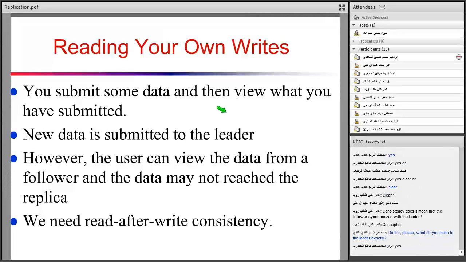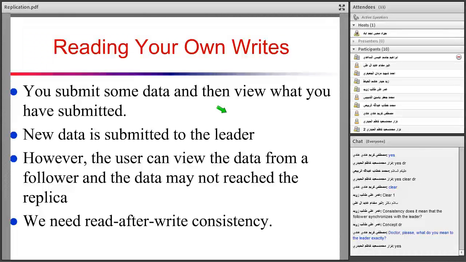Mustafa, leader and followers store the same data.